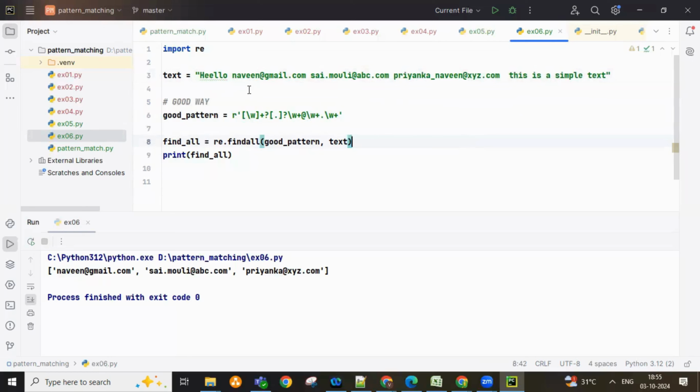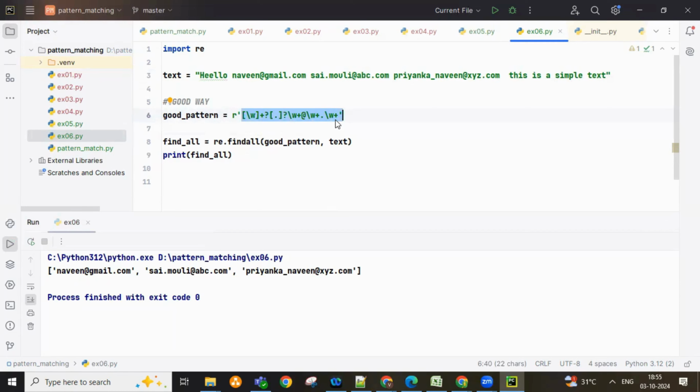So now what I need to do is fetch this one as well as this one as well as this one. You got it? Now, for this one, we don't need to have this guy. This guy is not required. Why? Because slash w plus itself takes care, correct? You understood, right? Guys, this comes with practice, guys. Okay, yeah. Now, did you understand how we can construct the email addresses?